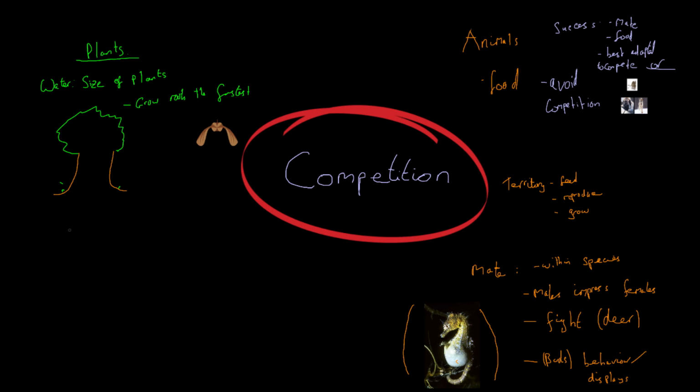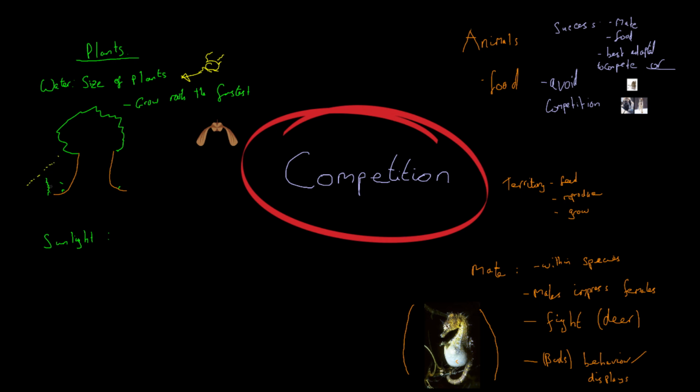And that brings us nicely on to the next point, which is sunlight. So plants compete for water, they also must of course compete for sunlight. Now going back to the tree here, if we had a plant which was trying to grow here, and the sun is most of the time over here, so let's say that you've got the sun here, but the sunlight is going to be coming this way, it's going to be taken up by the tree, and therefore we're going to get a shadow cast over here.